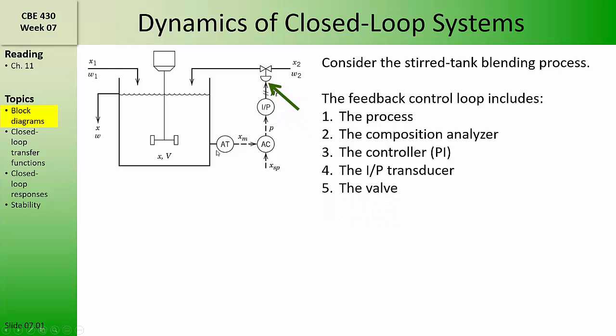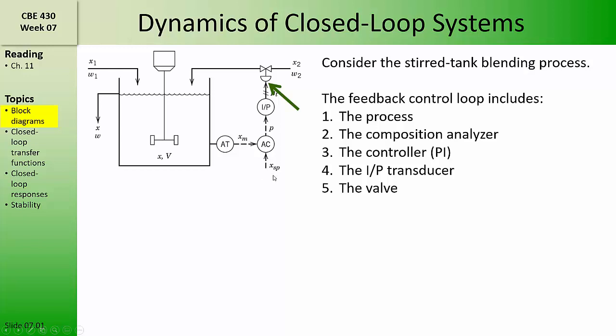Now, connecting these, there are signals or process variables. So the process generates a composition X of the effluent stream and the mixture inside the tank. That composition X is measured by the composition analyzer transmitter, which produces a signal called X sub m, the measured value, which in this case will be a current signal that ranges between 4 and 20 milliamps.